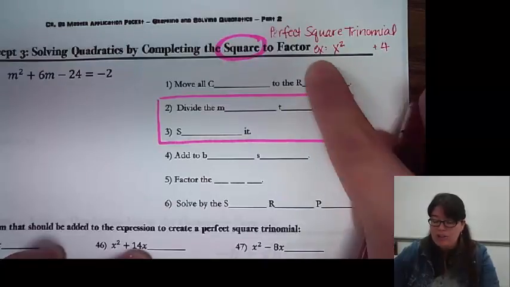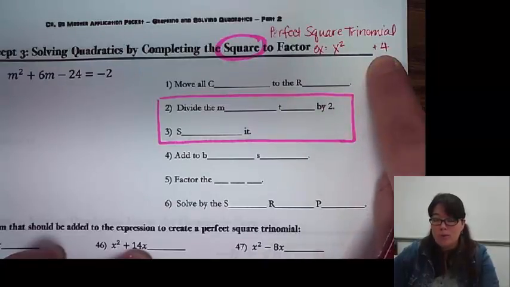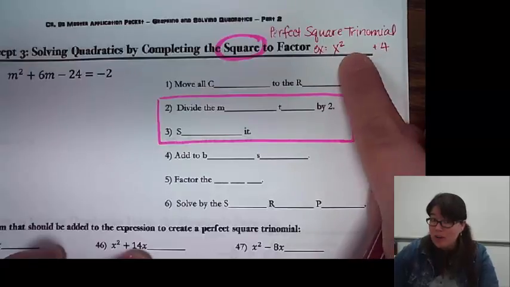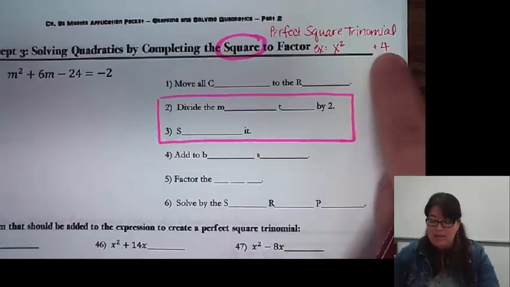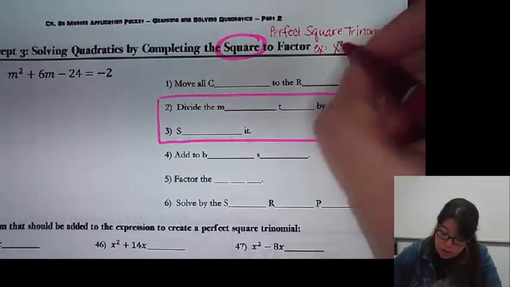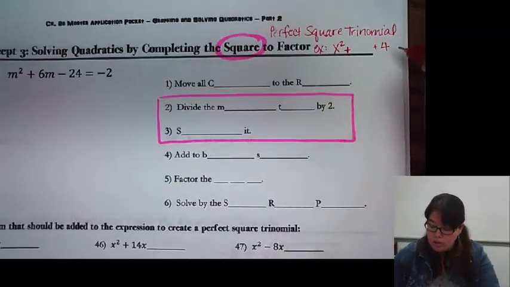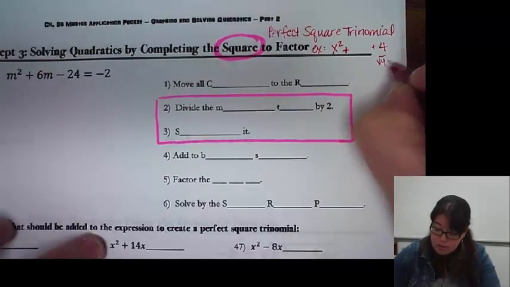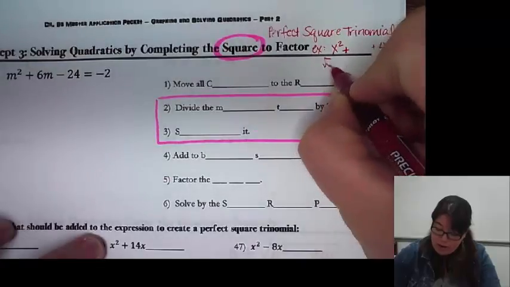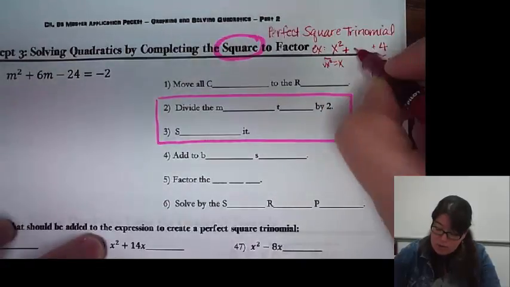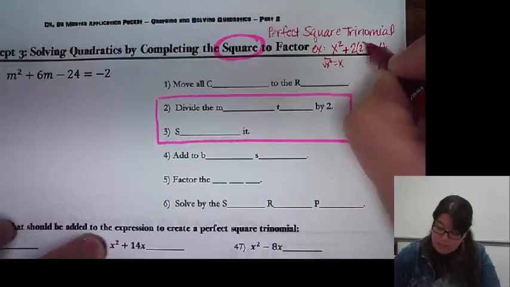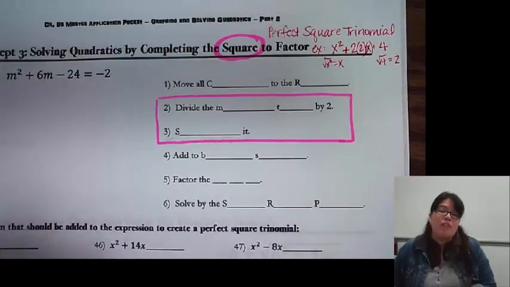So the first and last terms of this quadratic are both perfect squares. And then to get the middle term, we're going to do 2 times these two terms. So the middle term would be 2 times the root. The square root of 4 is 2. The square root of x squared is x. So in the middle it would be 2 times x. So that's a perfect square trinomial.